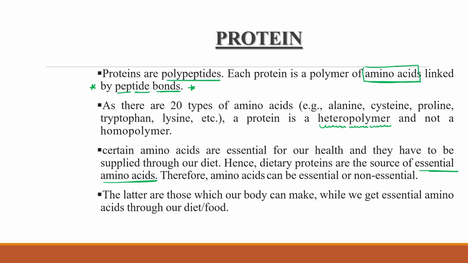Our body can make those non-essential ones. Only those come under the essential category for which our body is not able to synthesize them. We have to take them from outside, with our foods and dietary habits.